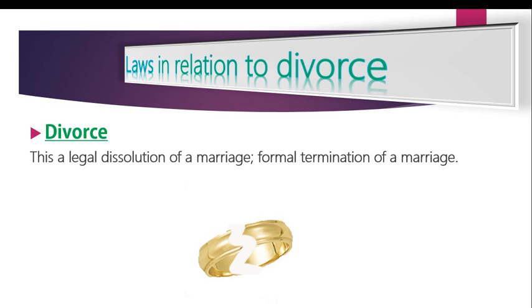If a marriage lasts for a short period of time, say less than 2 years, a divorce will not be considered unless it's a really special case. I don't know what special case that is, but unless it's a special case, that can be granted.